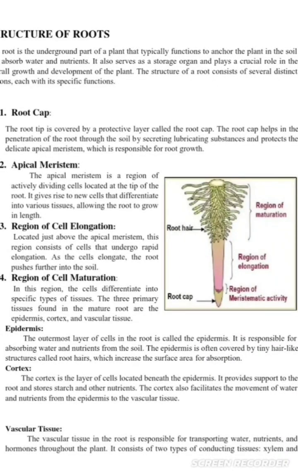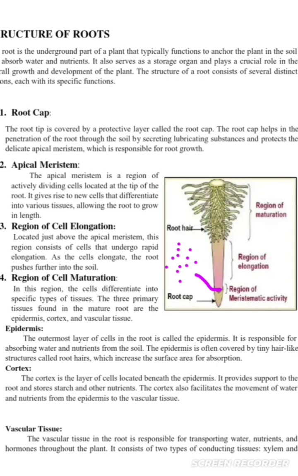Apical meristem. The apical meristem is a region of actively dividing cells, which is located at the tip of the root. What is the specialty of this apical meristem?